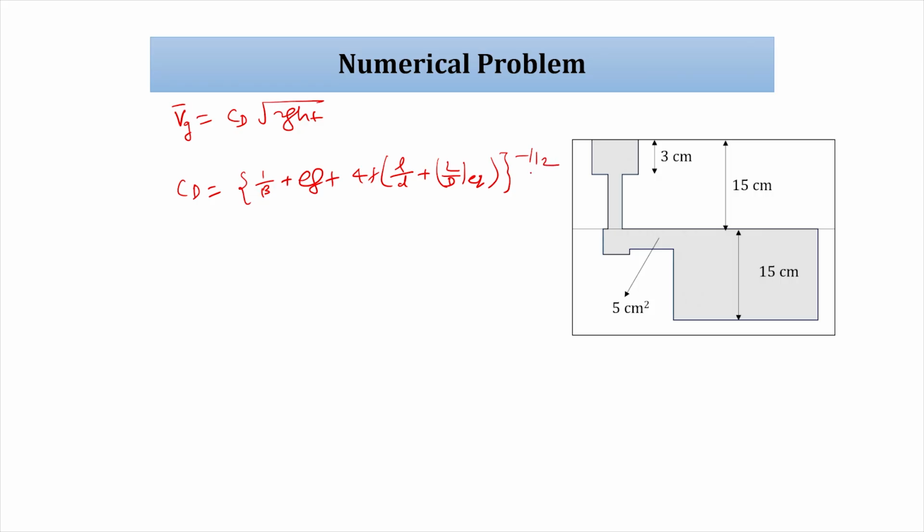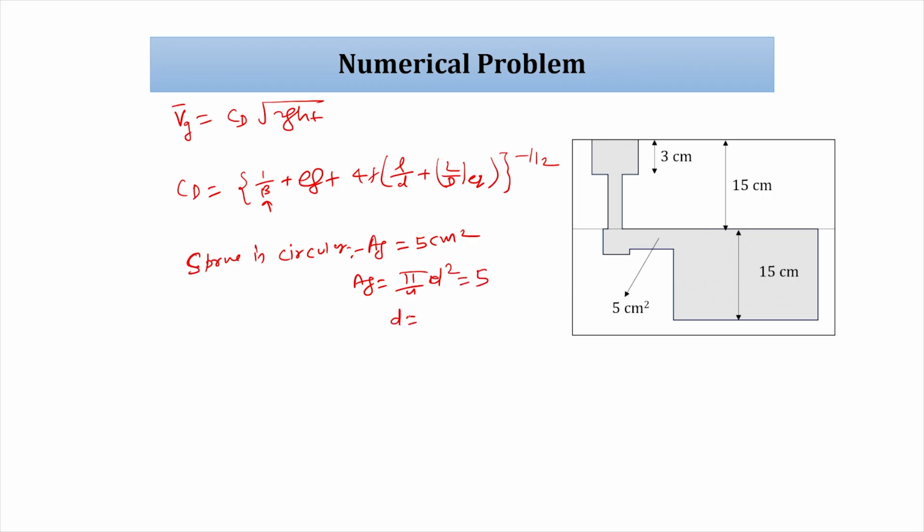That is the value. So, beta we have to check based on the Reynolds number, because we are assuming a circular cross section area. AG equal to 5 cm square, so AG equal to pi by 4 D square equal to 5.